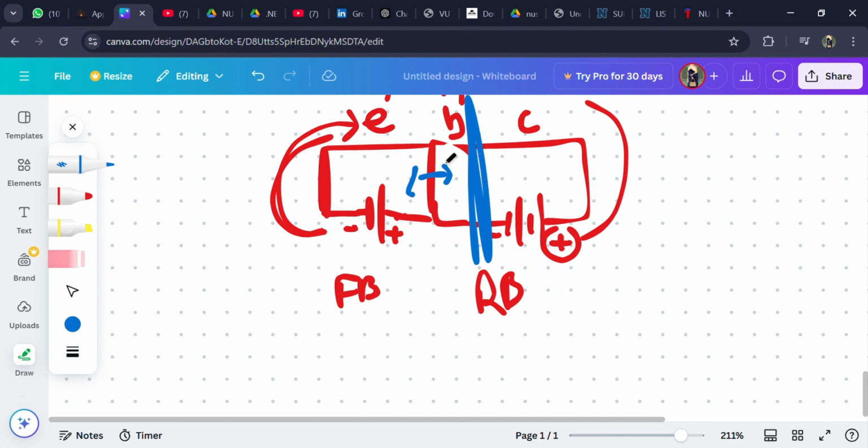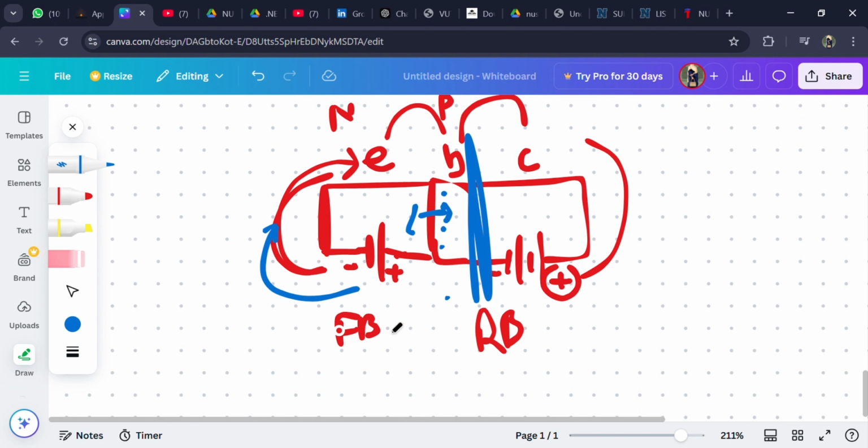After we start giving potential, this depletion layer won't exist anymore in forward biasing, because of the flow of current. And since we have holes here, the electrons will easily get attracted towards the holes.